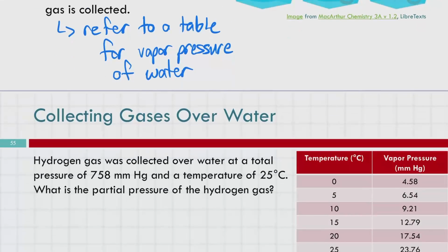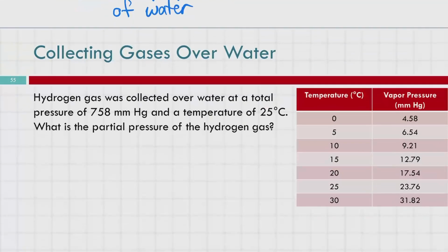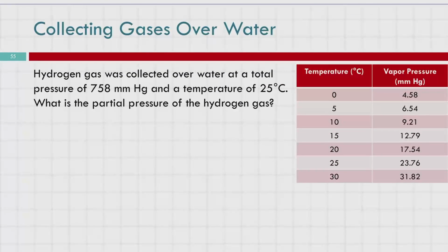So here's an example of doing that sort of a problem. We do a reaction and we get hydrogen gas collected over water. The total pressure is 758 millimeters mercury. So our P sub TOT, 758 mmHg.